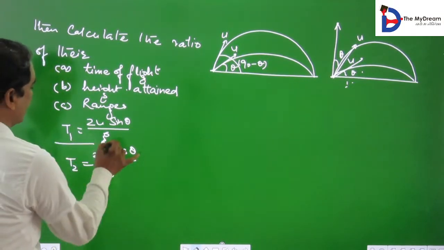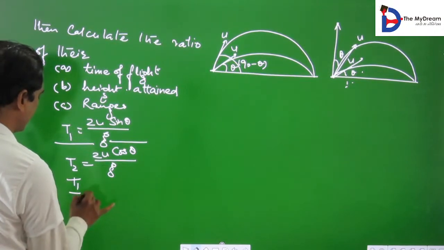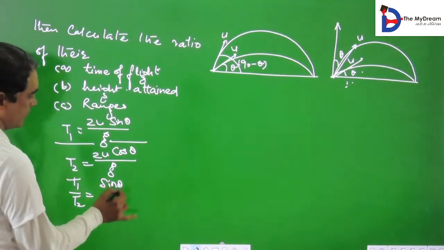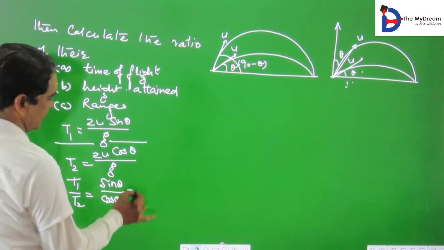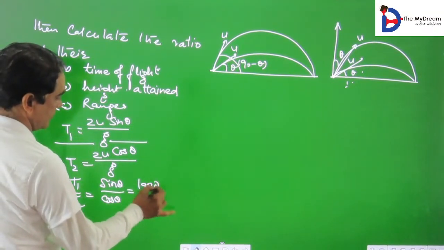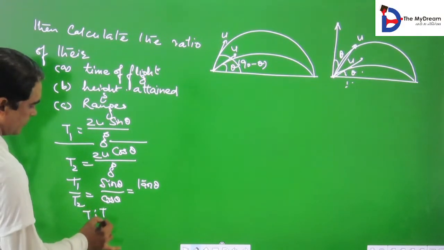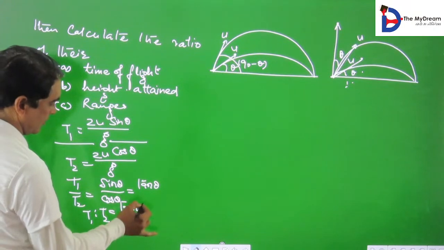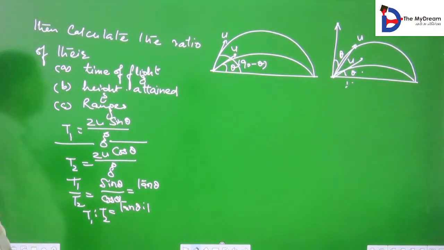Then you can find the ratio of their time of flights, that is equals to tan theta. So T1 ratio T2 gives tan theta by 1, tan theta is to 1.